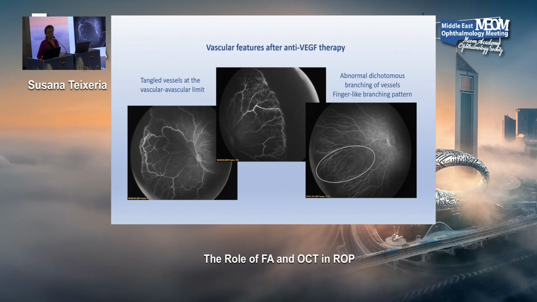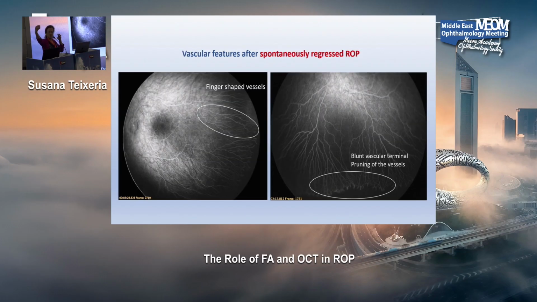This is a more aggressive kind of vascularization. And sometimes you have these basin-like vessels that go stretching to the periphery. And sometimes you can find this in spontaneously regressed ROP. So as we began to study those kids, we found that these findings were common to the babies that were injected with anti-VEGF and to some of the babies, the most tiny ones, that were not injected but had a spontaneously regressed ROP.